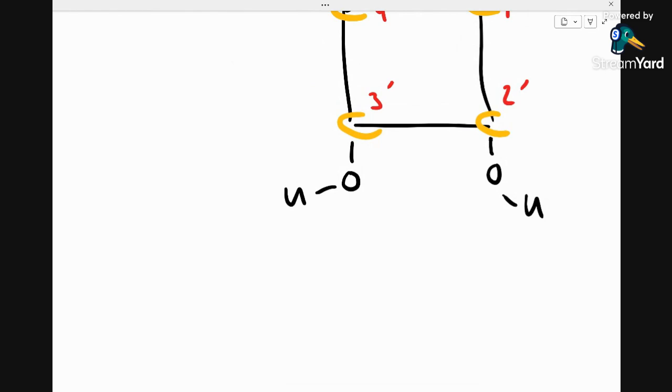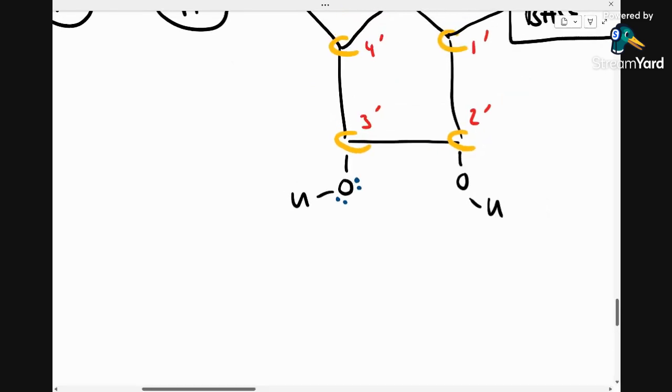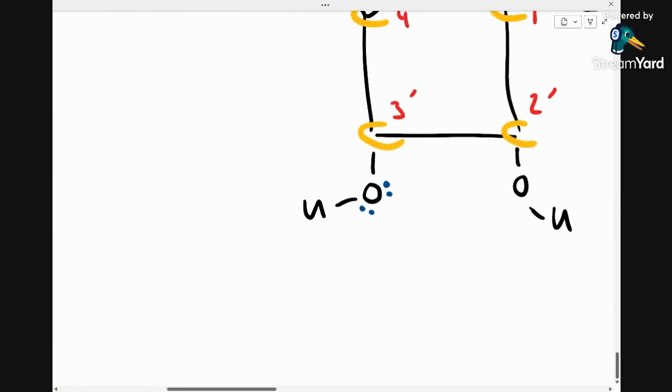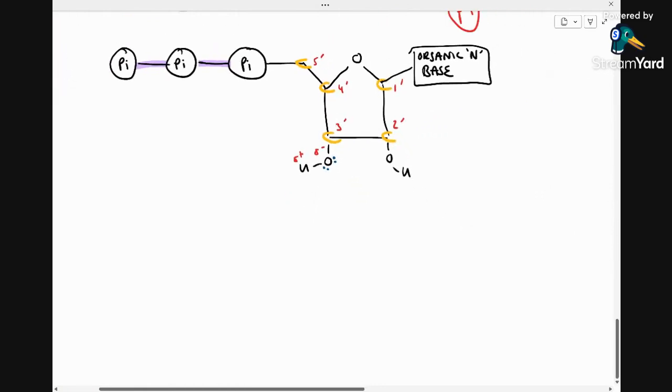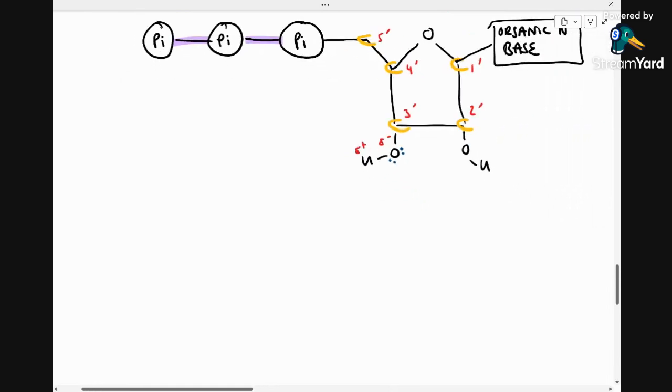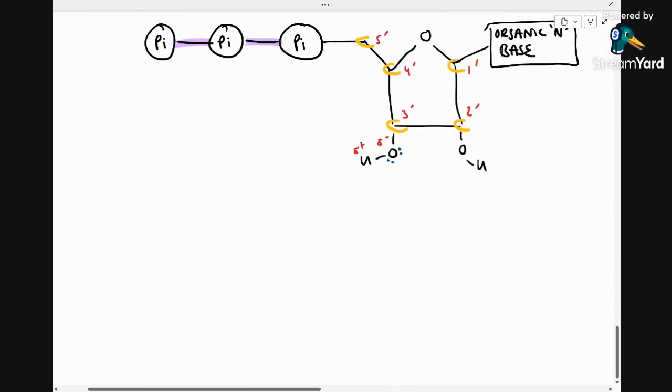Importantly, you have your two lone pairs on your oxygen here. And obviously, linking back to lower sixth, the oxygen is delta negative, if I do that in red, and the hydrogen there is delta positive. The reaction that happens is that if this is the free ribonucleotide, and we look at a nucleotide that's already been incorporated into RNA, so let's draw one.